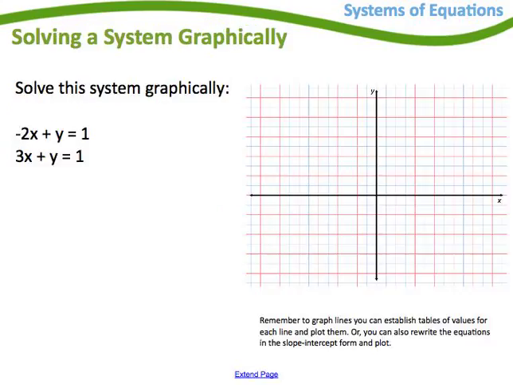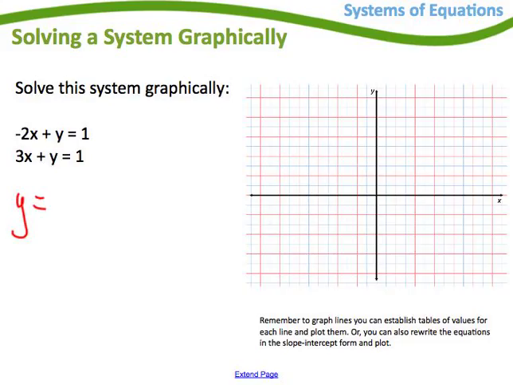Okay, if I would like to solve a system of equations graphically, here's what I could do. Just take each equation and graph it. And then once it's graphed, look for the point at which those two things cross. So for example, this one here, I can't graph it as it sits, so I'm going to change it to y equals mx plus b form.